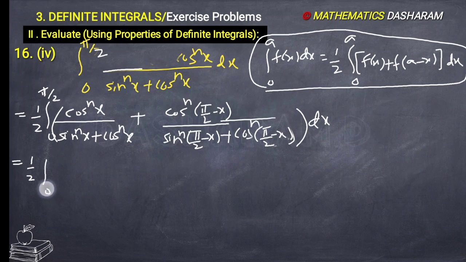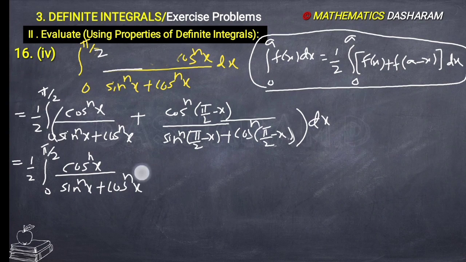1 by 2 integral 0 to pi by 2 of cos to the power of n x divided by sine to the power of n x plus cos to the power of n x, plus cos (90 minus x) equals sin x. So then sine to the power of n x divided by, here sin (90 minus x) equals cos x, and the power will come as it is.